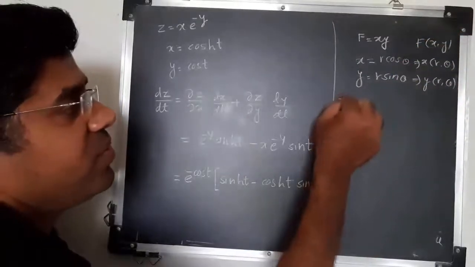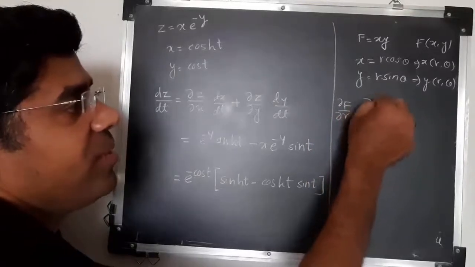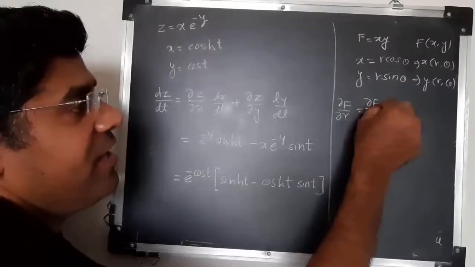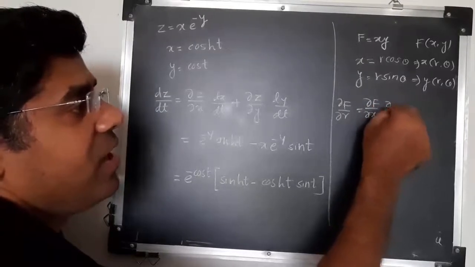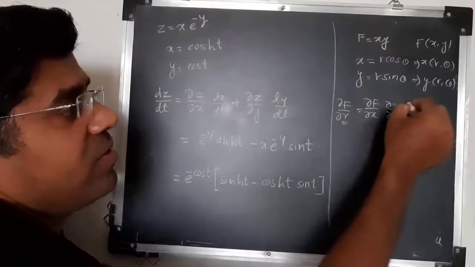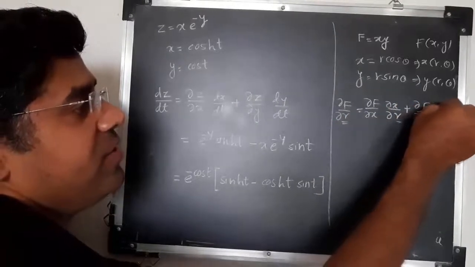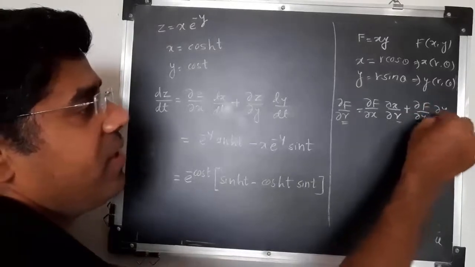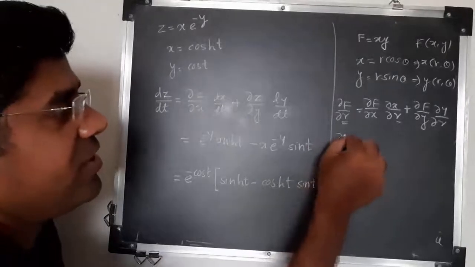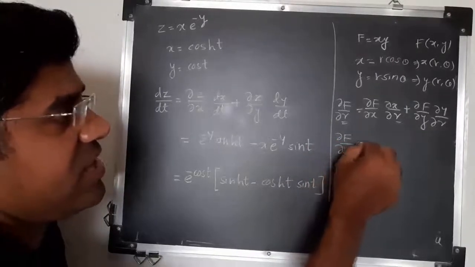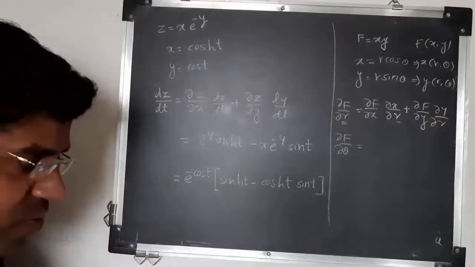So simple, first I will find ∂f/∂r, which is ∂f/∂x into ∂x/∂r plus ∂f/∂y into ∂y/∂r. The same can be found for θ; instead of r you put θ and solve such a problem.